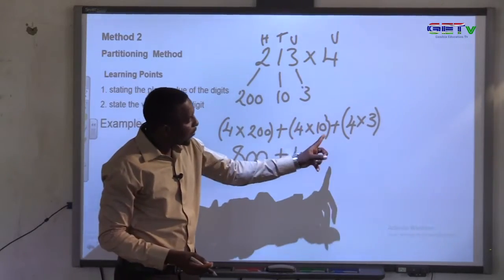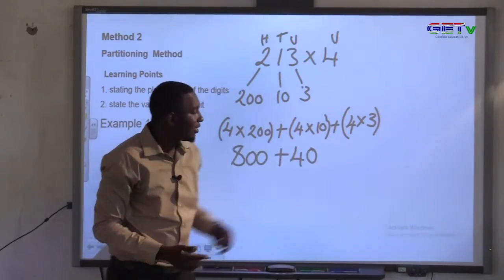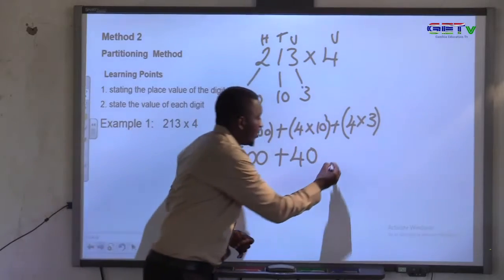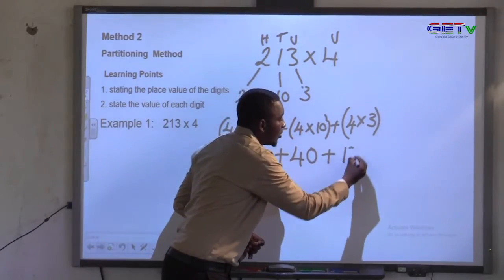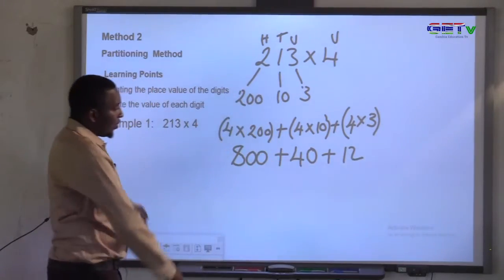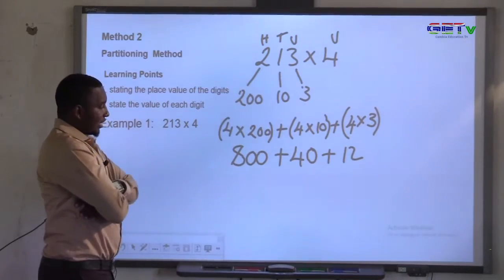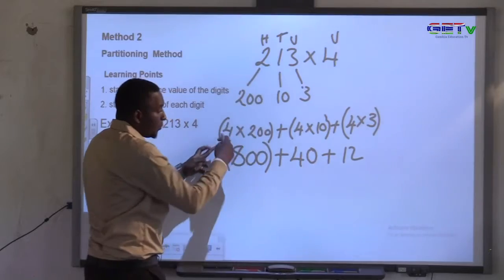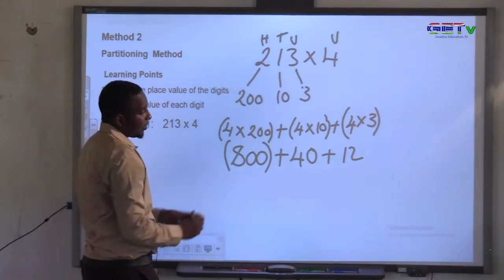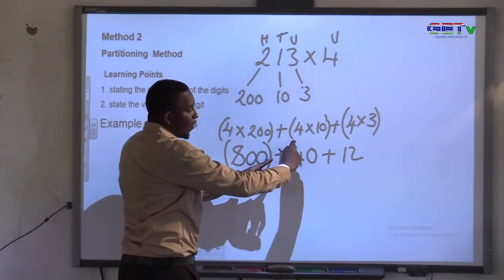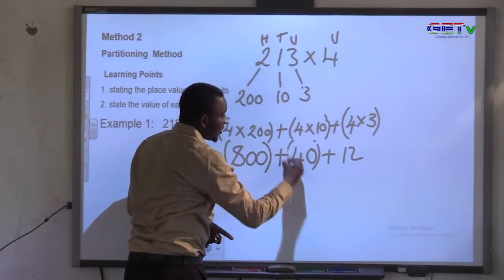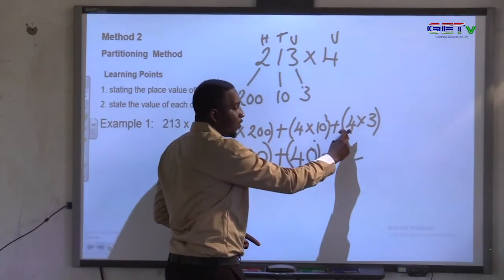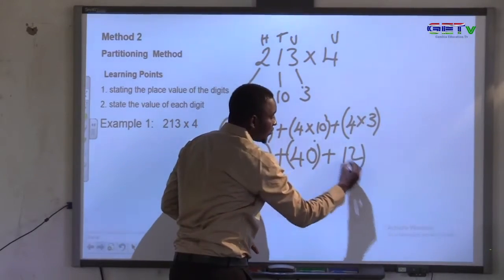And 4 times 3 will give us, that is plus 12. What do we realize? Well, this is 800. That when we multiplied 4 by 200, it gives us 800. When we multiply 4 by 10, we have 40. And when we multiply 4 by 3, we have 12.